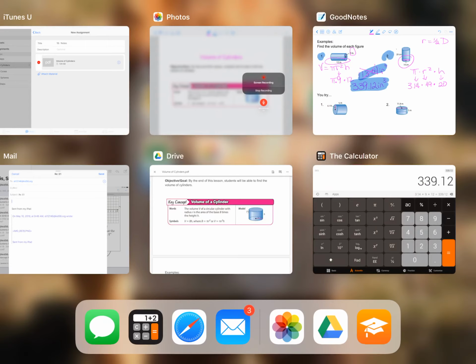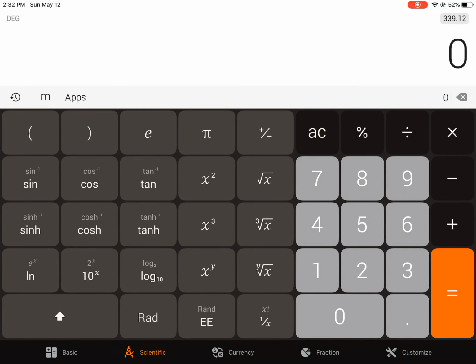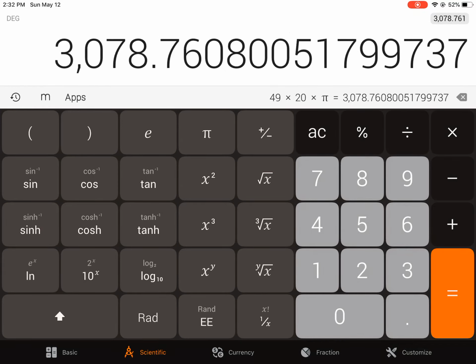Okay, let's go multiply it. This time I'll use the pi key just so you can see the difference. So we're going to go 49 times 20 times pi equals. You get a much bigger decimal, so you have a little bit more rounding to do. That's why I like to use 3.14.